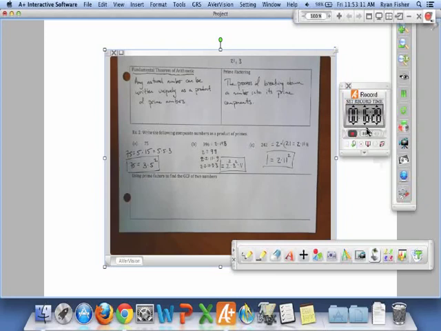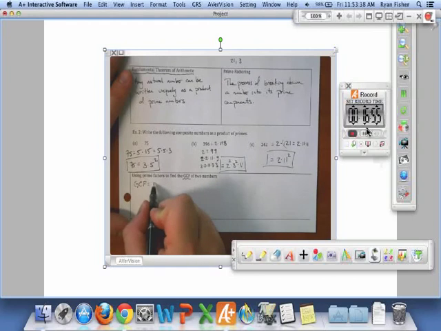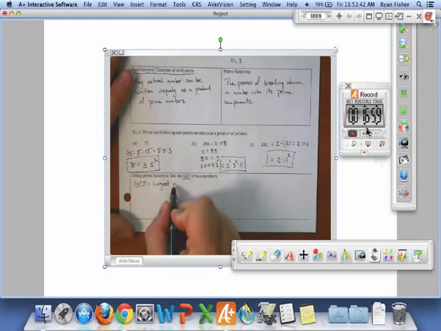We can find the greatest common factor, or just to remind you, the greatest common factor is the largest natural number that divides into each of a pair of numbers evenly.